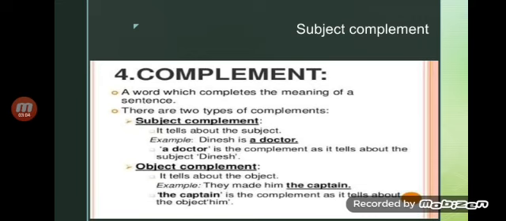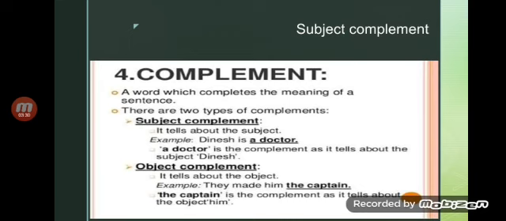Please write that down. These additional words are complements, or completers. Different kinds of verbs need different kinds of complement. We will discuss it in detail, but first let's come to the subject complement.